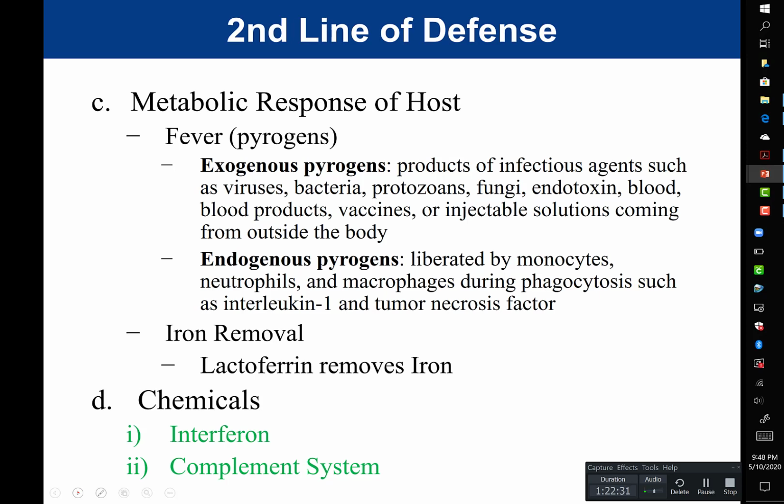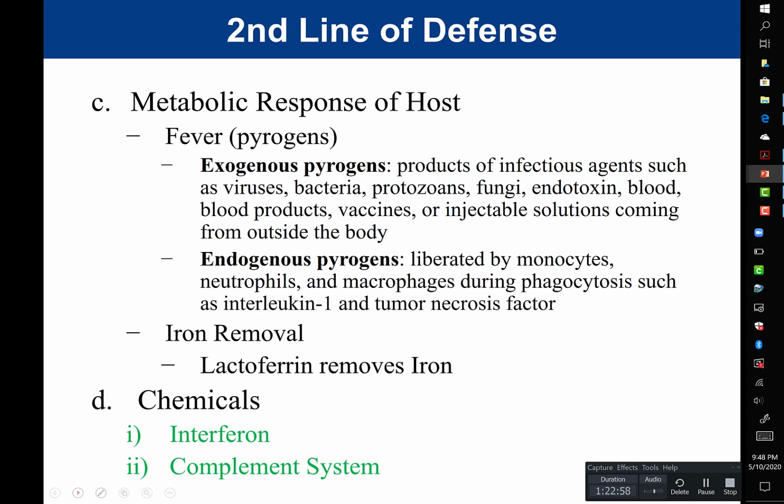So this is basically your immune system's way to turn up the heat. Think about why a fever is useful to your body. When a fever is brought on by chemicals like pyrogens, these are substances that reset the hypothalamic thermostat to a higher setting.